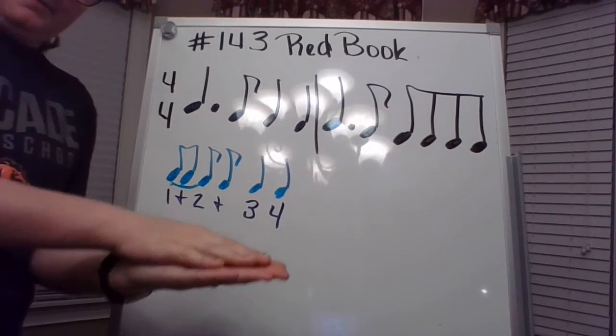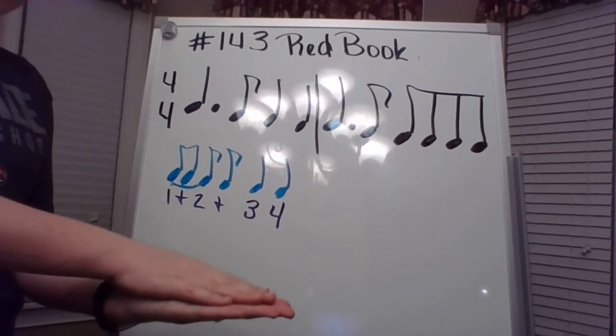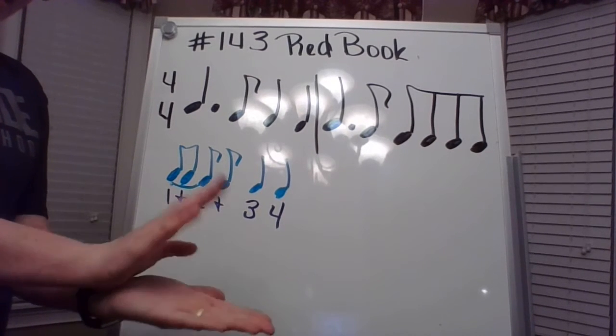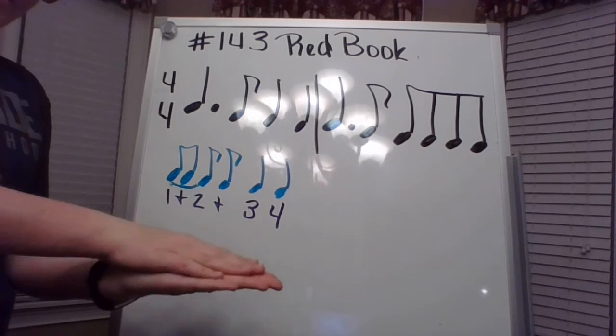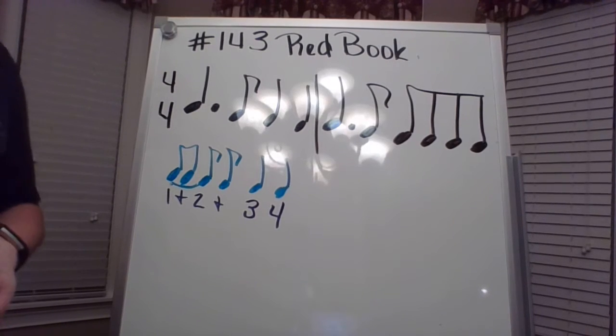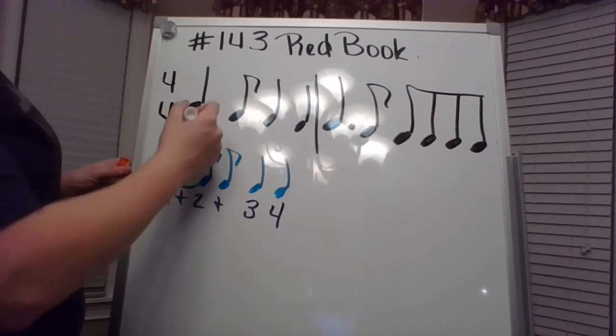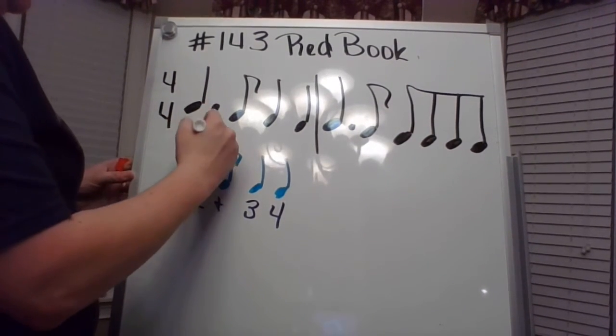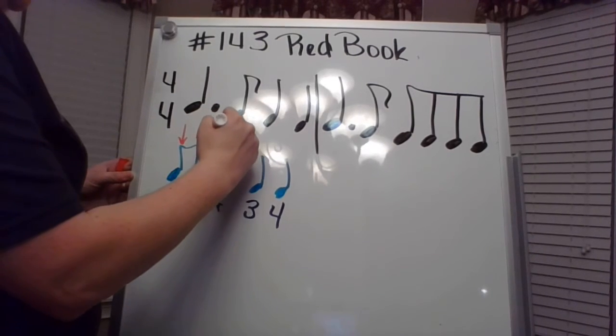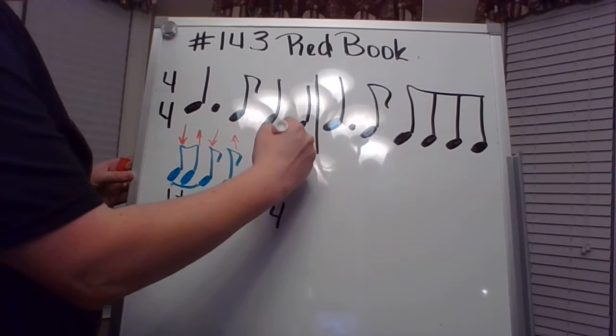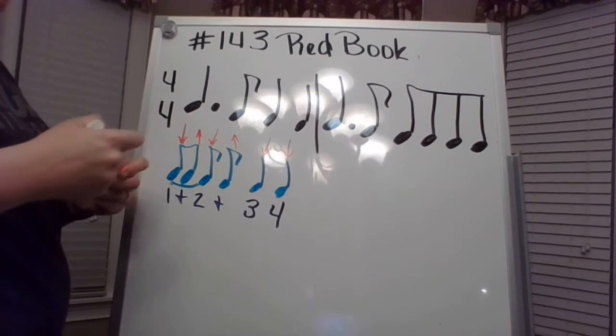Now, if I get my foot going right here, and I were to sing this with my foot tapping, 1 and 3, 4. Okay? Because your downs, if we put downs and ups in here, this is a down, this is an up, down, up, down, down, right?